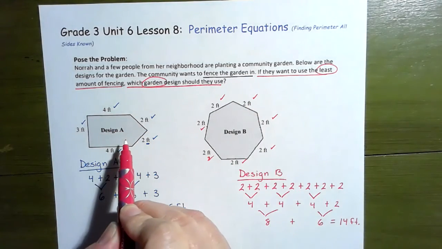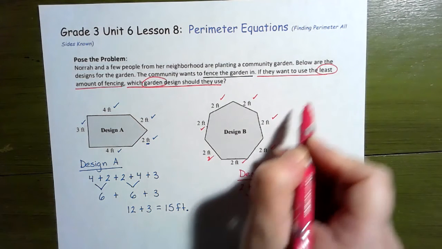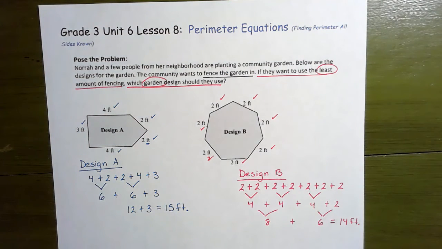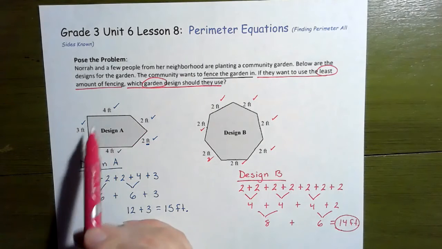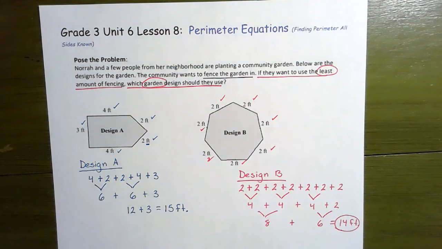Should they use design A or design B? Which perimeter is least? You got it. They should use design B because 14 feet is less than 15 feet. Sometimes, even if the shape itself looks smaller, check the perimeter before you make that guess.